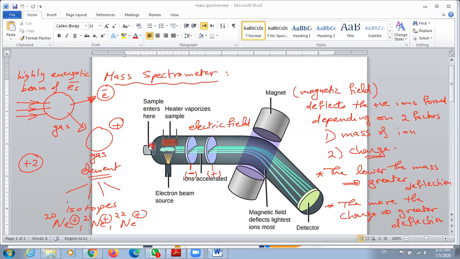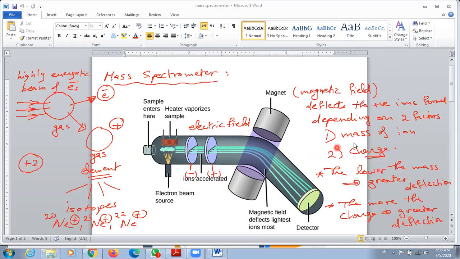When this organic molecule forms ions, these ions could be in the form of +1 or +2 charge. So we have to subject them to the beam of electrons to form these positive ions, either +1 or +2, in order to accelerate them and urge them to move inside the mass spectrometer, and then their separation also depends on the different charges that are formed. But even if they don't have a different charge, they still get separated.